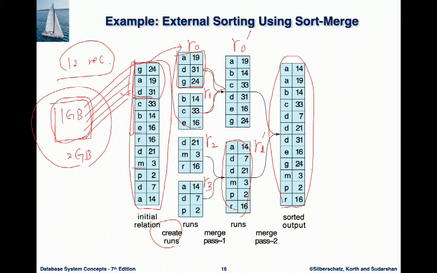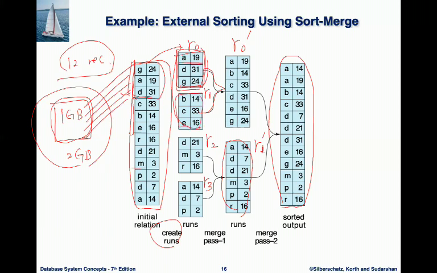So I have one batch of 5 sorted blue books, another batch of 5 sorted blue books, and then I keep merging them. Merging is fairly easy because just assume that this is a deck of cards that are sorted. You have one sorted deck of cards and another sorted deck of cards, and you want to merge them into one.